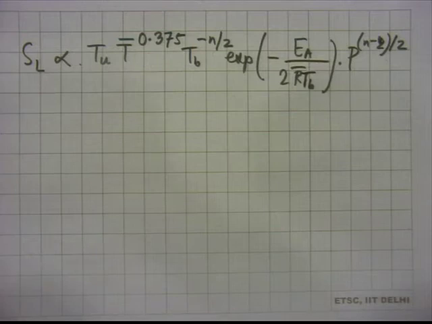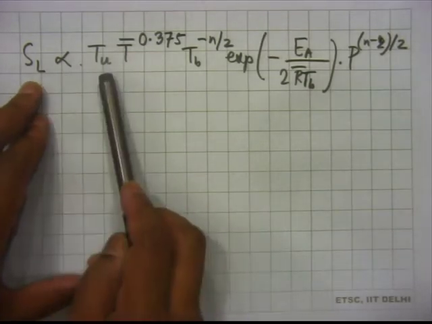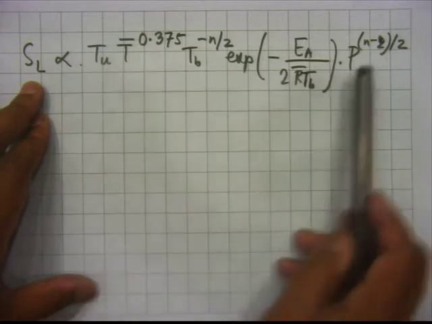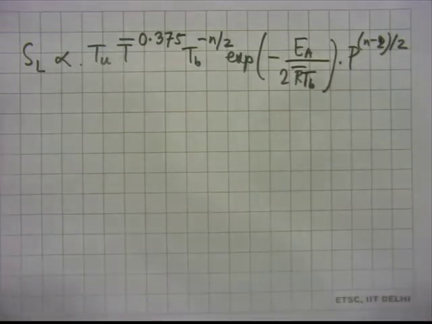So, why did Turns do all this? Because this now tells you how SL should depend on TU, this tells you how SL will depend on pressure, things like that. We want to see how SL will depend on various things that we understand more easily.